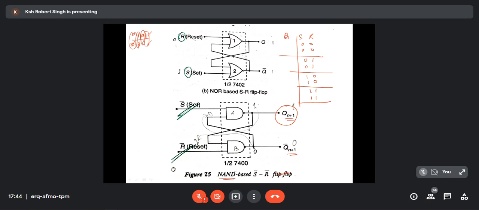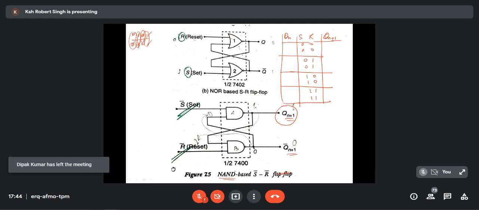This is my QN, my previous state. I don't bother about Q bar. This is my QN plus 1, the next state. I will not write QN bar because it's a waste of time.